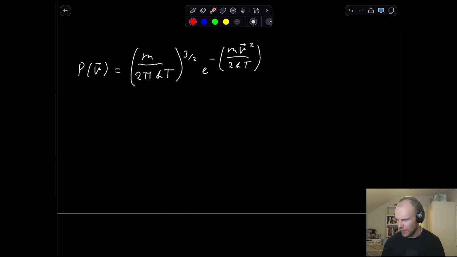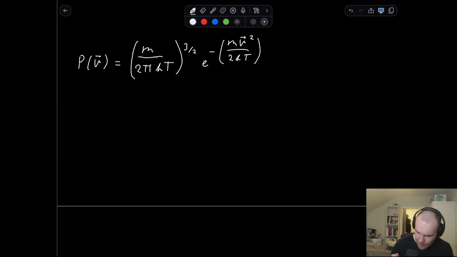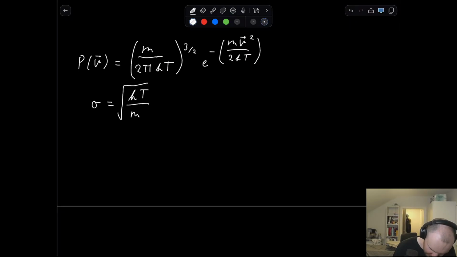Now, this is starting to look like the formula for a normal distribution, but we can take it a bit further. We can state that sigma is equal to the square root of kT divided by m. And you can see pretty easily now, if I square that, when I substitute, m, k, and t will go away.